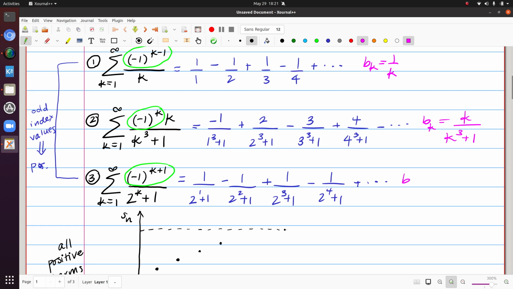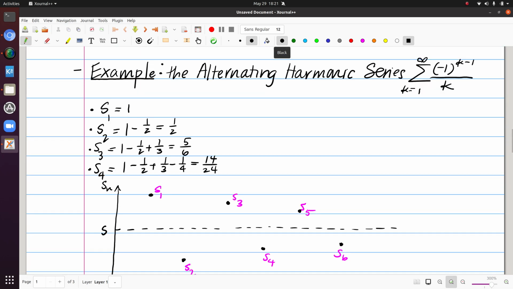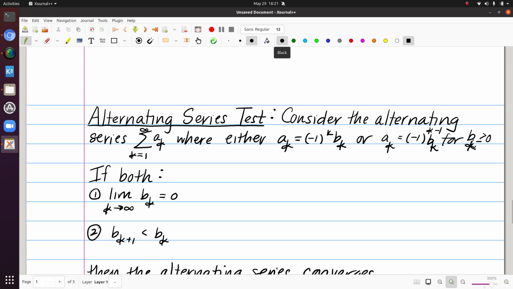And here b sub k would be 1 over 2k plus 1. So that's all this notation means in the theorem. And maybe one more thing, notice that if you take the absolute value of a sub k in this setup, you would get b sub k.